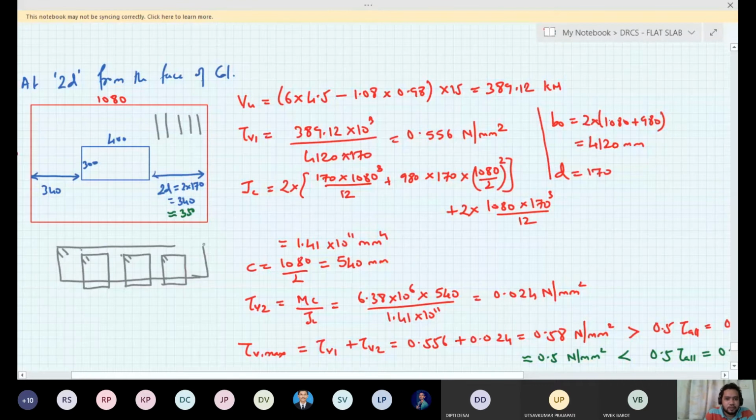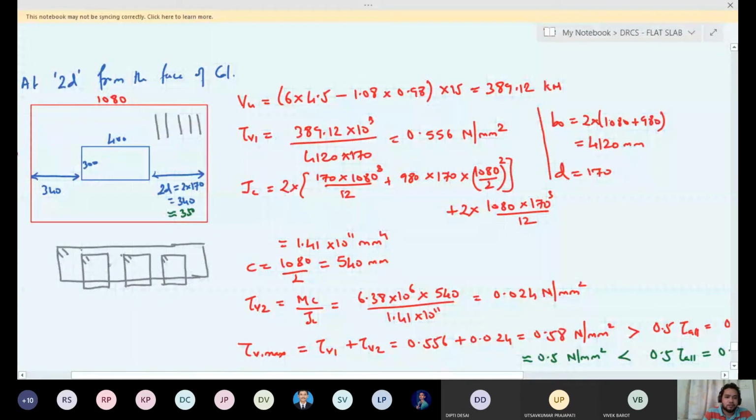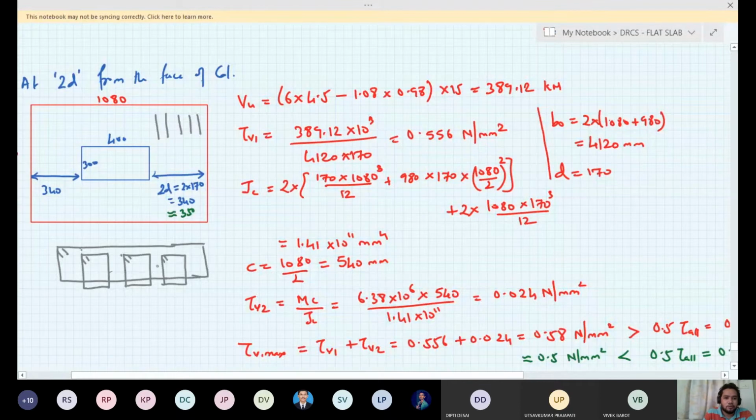See, this spacing is also kept constant. So your legs will be 1, 2, 3, 4, 5, 6, 7 and 8, 8-legged, and this one set will be provided here. Second, third, fourth and fifth, such 5 sets will be provided on each side of the face of the column.